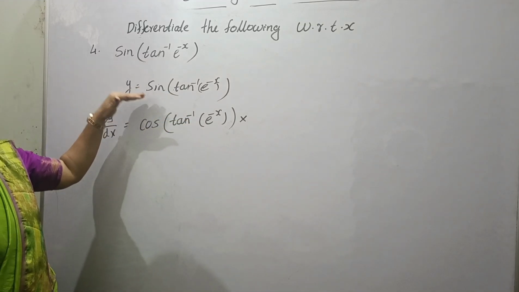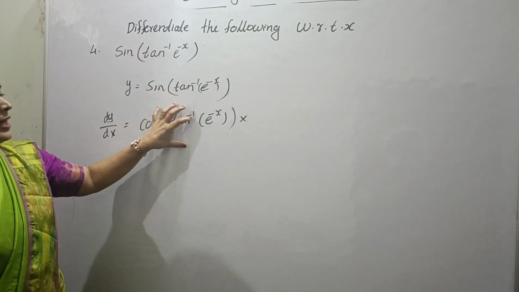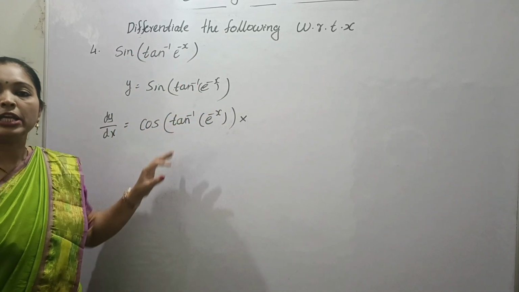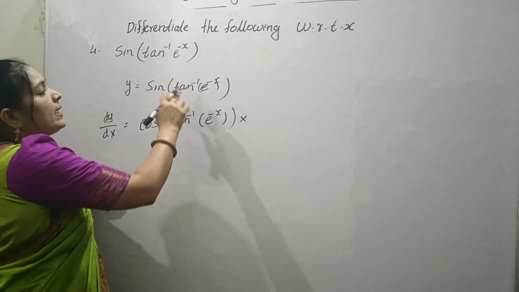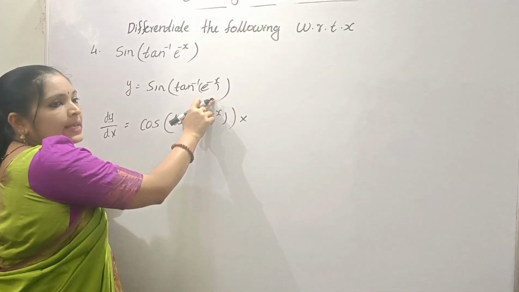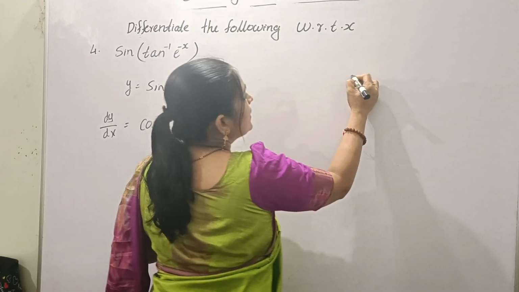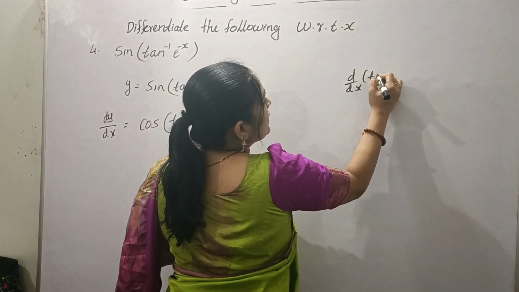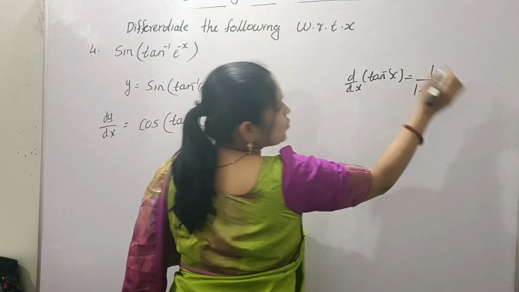So the derivative of sine tan inverse e raised to minus x is cos tan inverse e raised to minus x into derivative of this inside function. That is, derivative of tan inverse x is 1 divided by 1 plus x square.